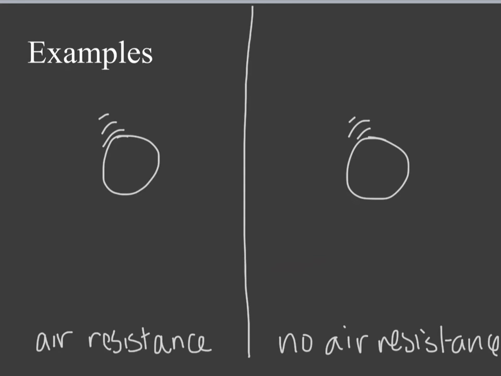So here's my example. We've got a ball here that's falling through the air with air resistance, and a ball that's falling through the air with no resistance. So if we drew free body diagrams on both of these, both of these are on Earth, so we're going to have the force of gravity acting down on both of these.